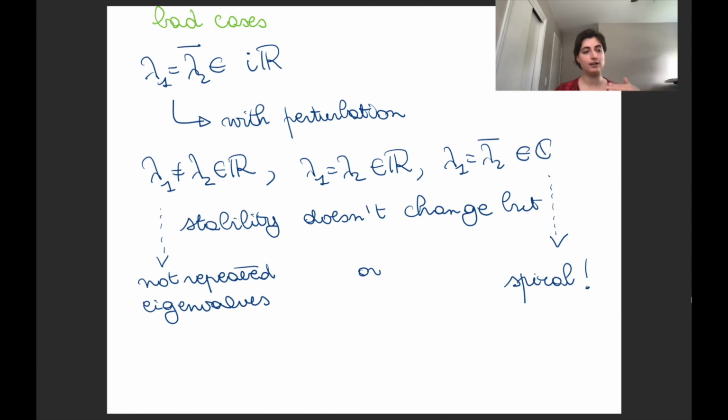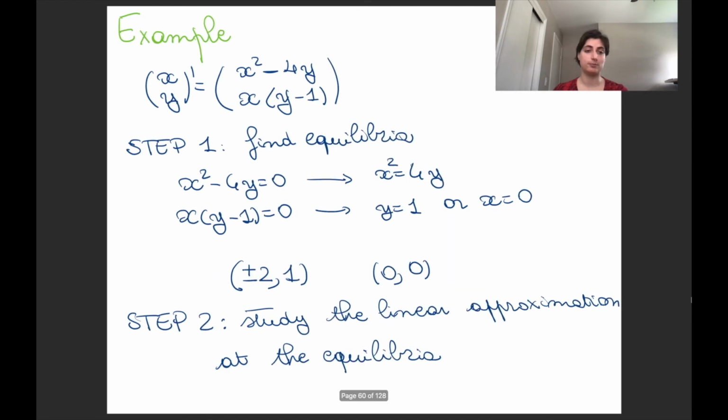So we still have the information that there is an imaginary component, so the behavior is circling around the center, but we don't have information about the stability. Stability is not given in this case. If we want to know stability, we have to do some extra steps.